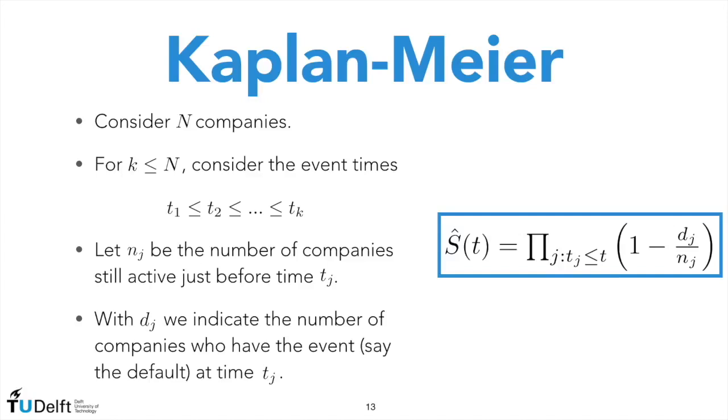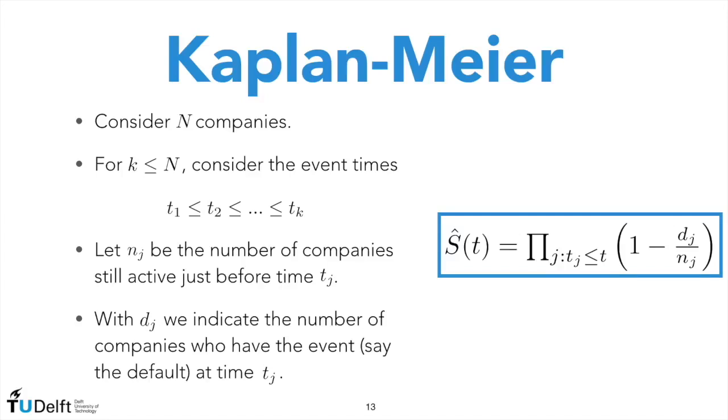Now, let n_j be the number of companies still active just before time t_j. In case of no censoring, n_j is just the number of survivors. In case of censoring, n_j will be the number of survivors minus the censored observations before t_j.